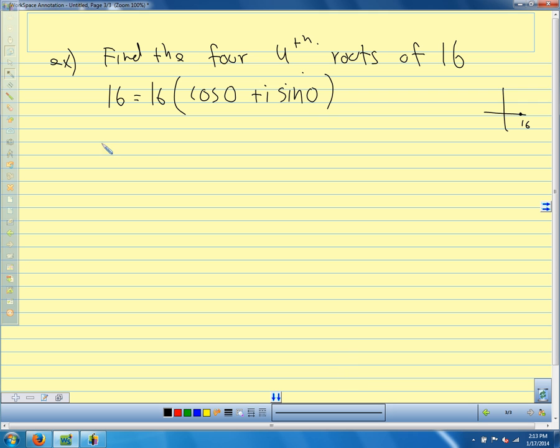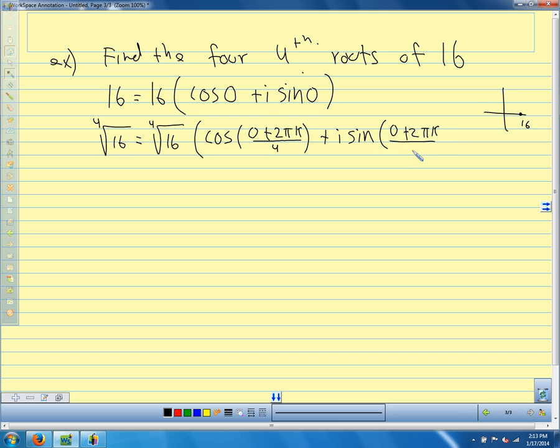So the fourth roots of 16 are going to be the real fourth root of 16 that we get when I plug it into our calculator, times the cosine of 0 plus 2 pi k over 4, and then we need our imaginary part, plus i sine of 0 plus 2 pi k over 4.